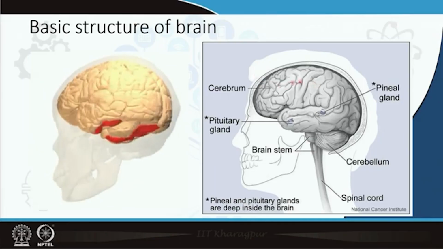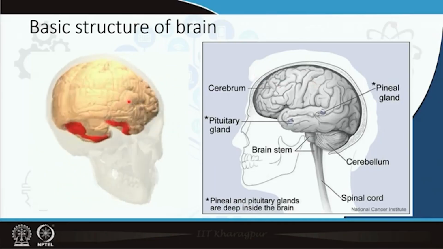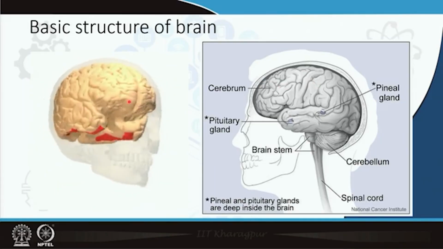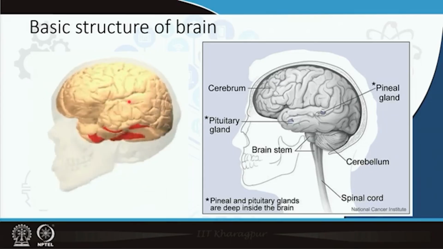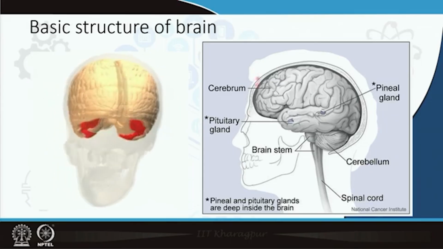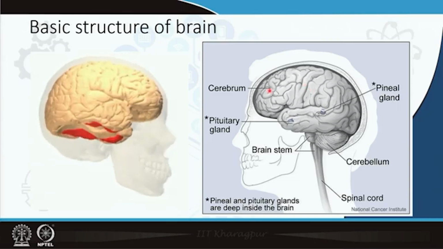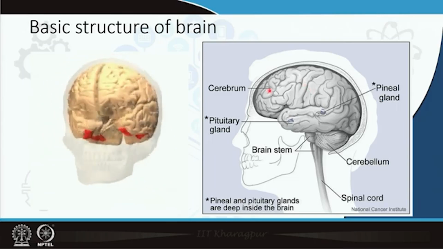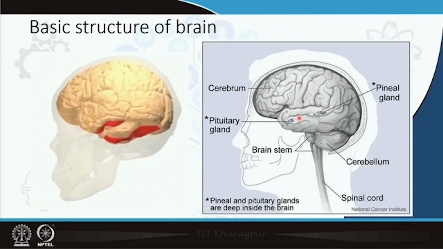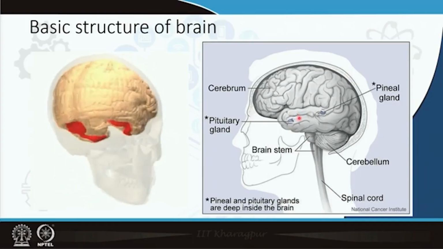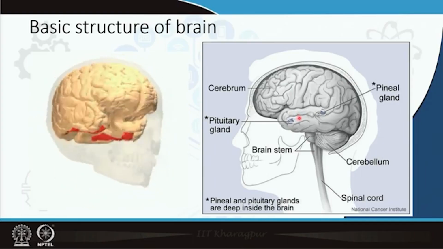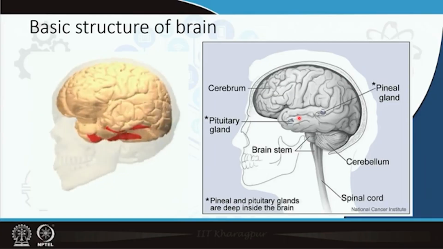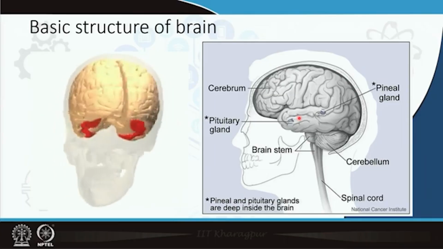Whereas the outer portion of the brain is gray matter because it has fewer myelinated sheaths, it is mostly cell bodies, and it has therefore a grayish texture, grayish color. The whitish color comes from myelin sheath. Myelin sheaths are these whitish lipid type sheaths that cover the neurons.